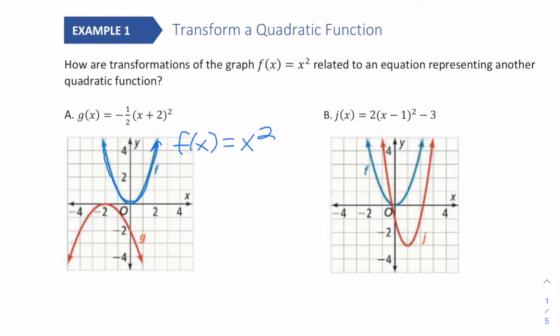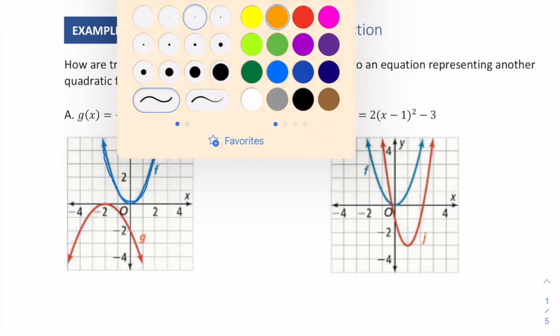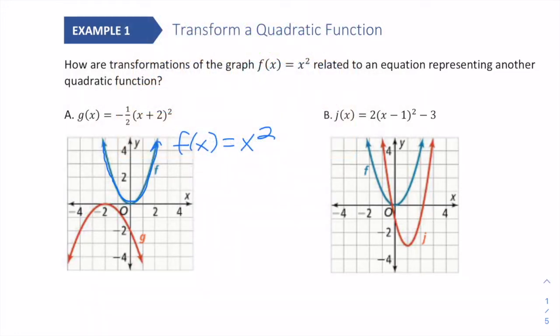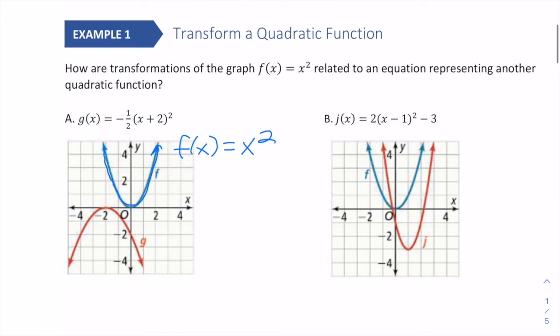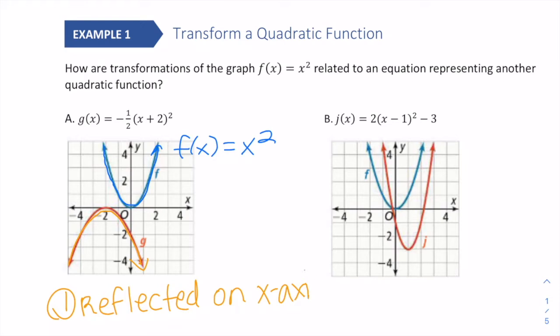Well, we know that this is a transformation. We know that it's going to be a reflection, right? So this is reflected. I'll put this as 1. It was reflected on the x-axis. Because we had a negative here.